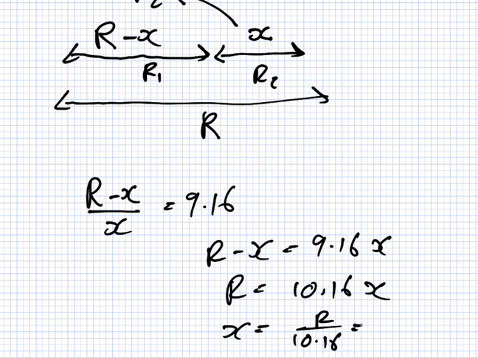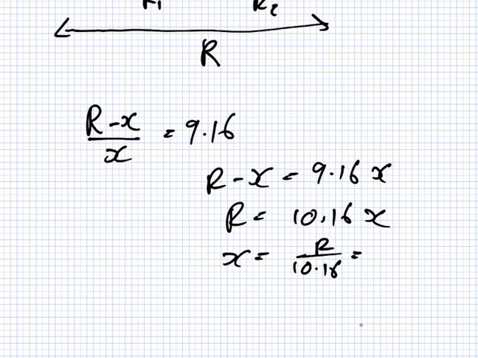And the distance between the Earth and the Moon is in the question, isn't it? It's the radius of the orbit. 3.84 times 10 to the power 8 divided by 10.16. We have it.